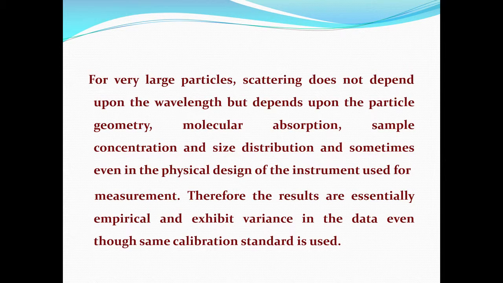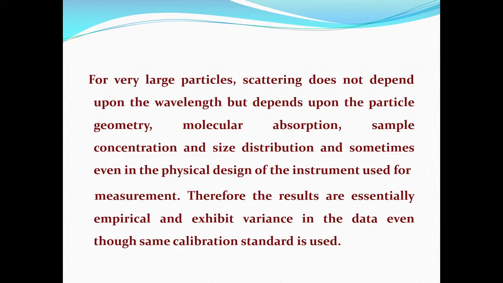Basically, of course, it has no meaning for very large particles, because they may block the radiation also. So, scattering does not depend upon the wavelength, but depends upon the particle geometry, whether it is round shaped, square shaped, cubical, etc.